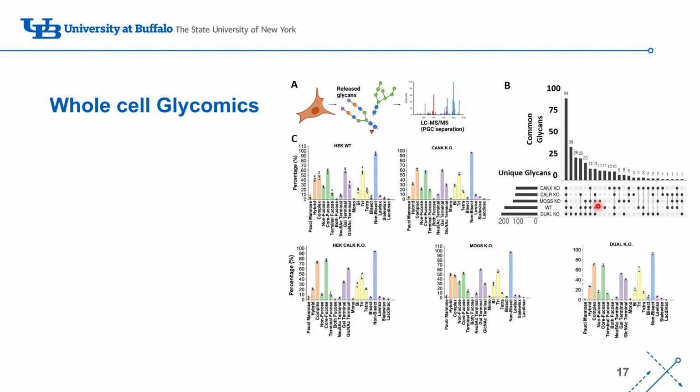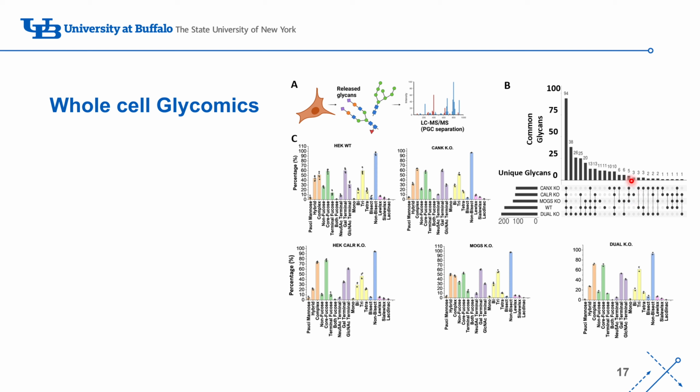However, for the calnexin knockout and the other knockout, the unique glycans are around 11 and 10. So these are comparable, and this is also in line with our ER stress result, where the ER stress is also comparable between these two knockouts. In the calreticulin knockout, there are only 3 unique glycan structures.